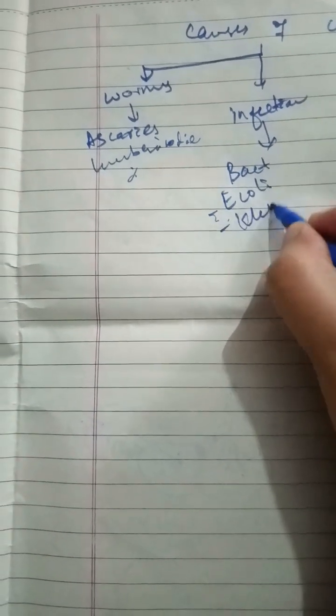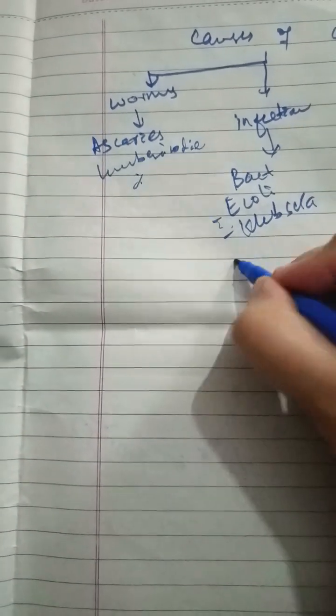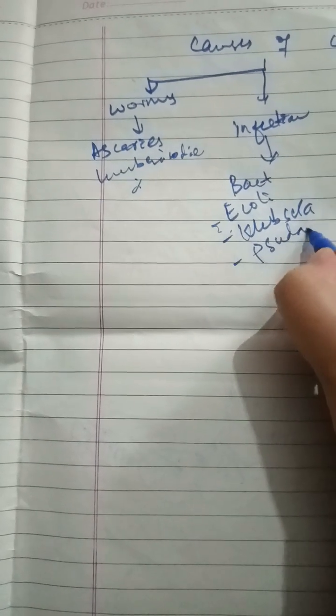In infection, basically the bacteria involved are E. coli, a gram negative aerobe, Klebsiella pneumoniae, and Pseudomonas. These three gram negative bacteria are mostly responsible for infection in the bile duct, as well as there are some iatrogenic causes.